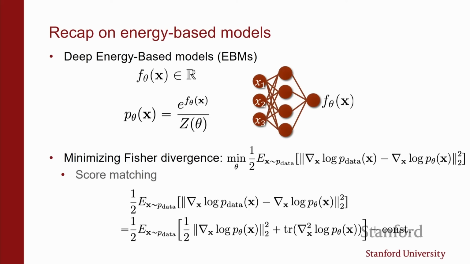Recall that this was the Fisher divergence, and through integration by parts we were able to rewrite this objective function into one that only involves the score, which, as we've seen in the last lecture, does not require you to compute the partition function.